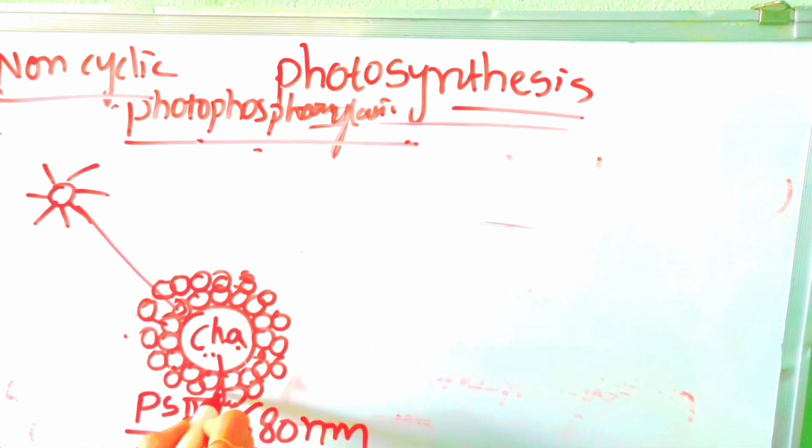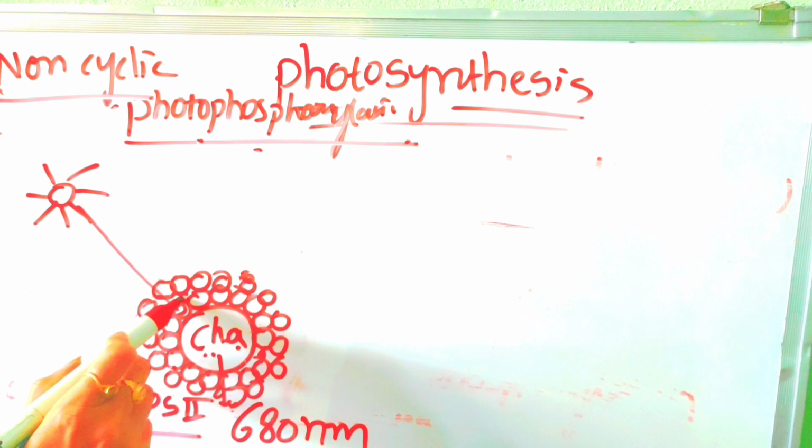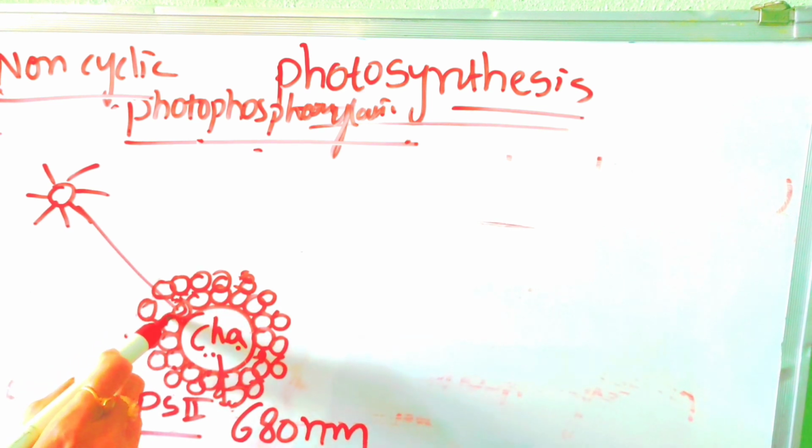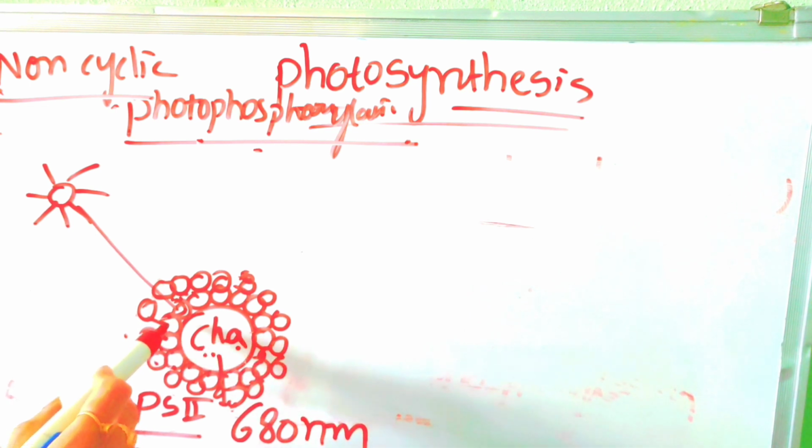Examples of accessory pigments are xanthophyll, carotenoids, chlorophyll B, chlorophyll C, and chlorophyll D. The combination of these pigments is responsible for non-cyclic photophosphorylation.